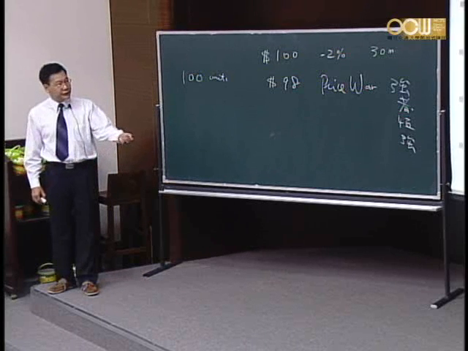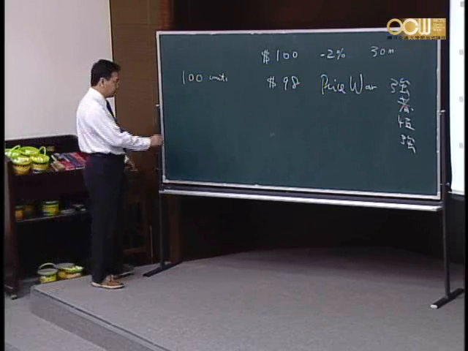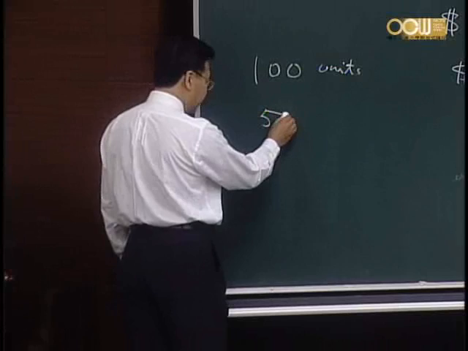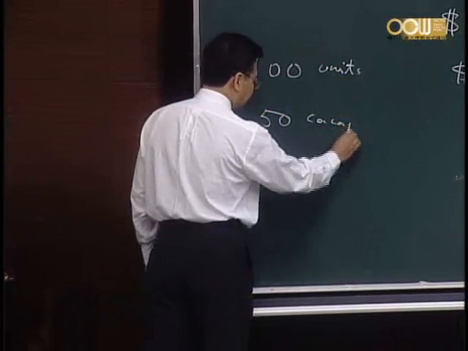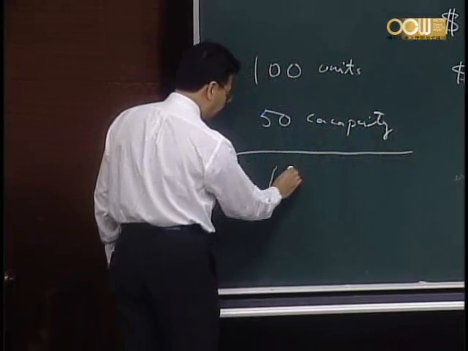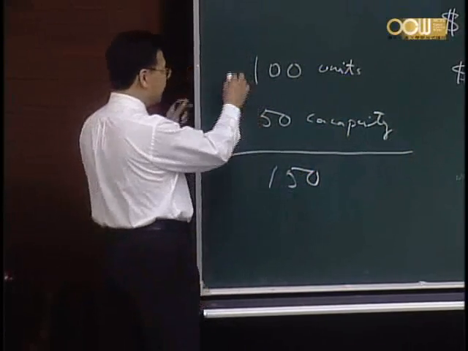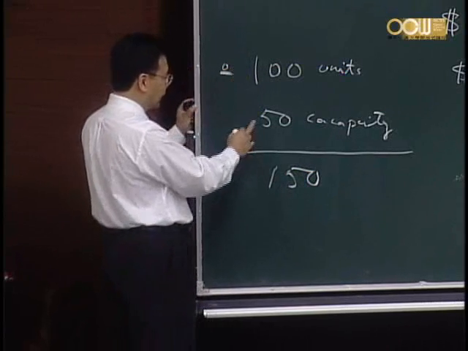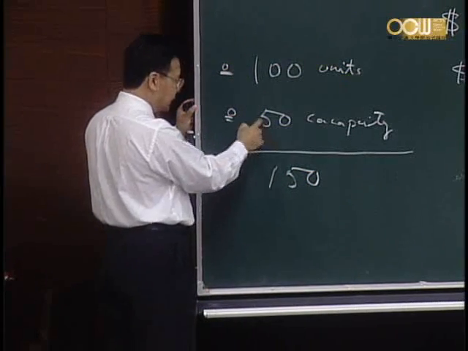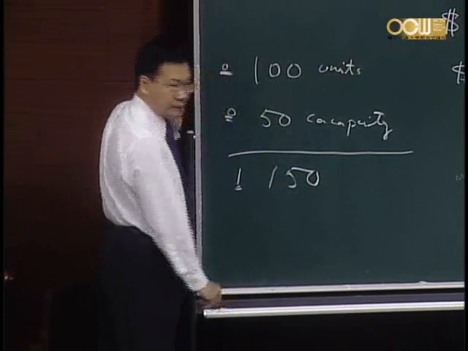What it says is, you have to increase by 50. So next period will be 150. That's easy, right? So this is period 0, and I make my decision. I say that I need 50. Then period 1 will give you 150. Get it?